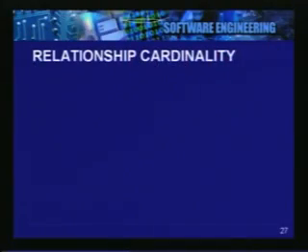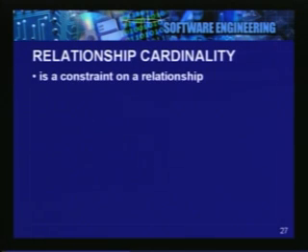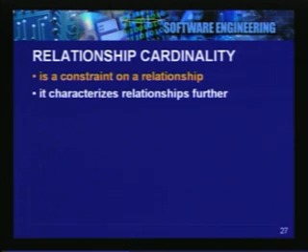We will next consider the important concept of relationship cardinality, which is identifying some constraint over the relationship. This constraint is captured by indicating how the relationship connects the entities among which the relationship is defined.